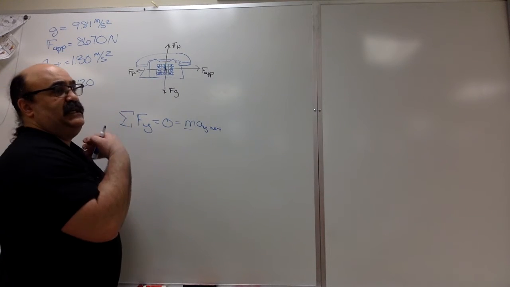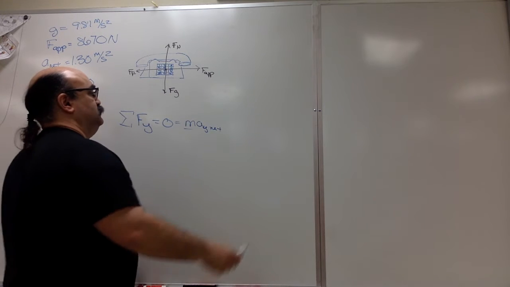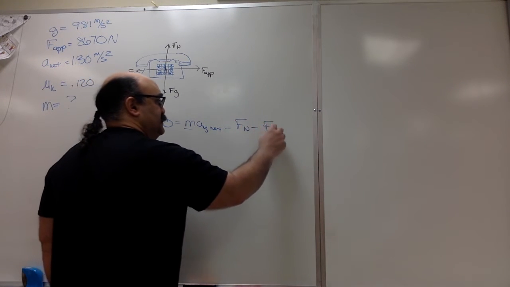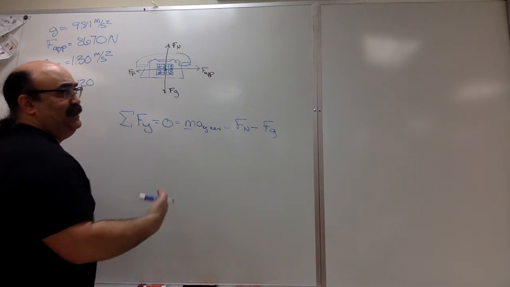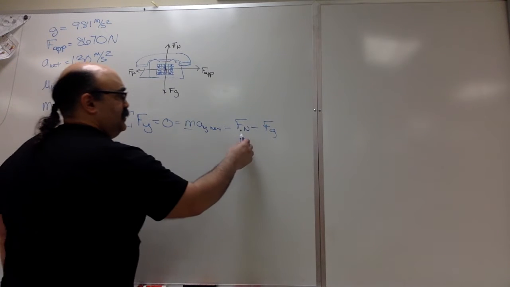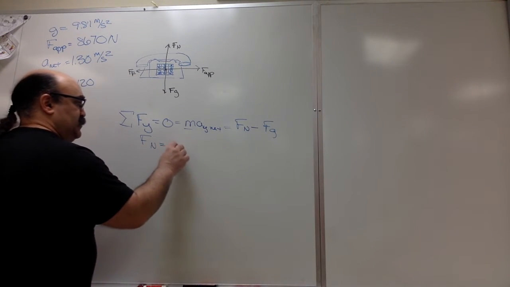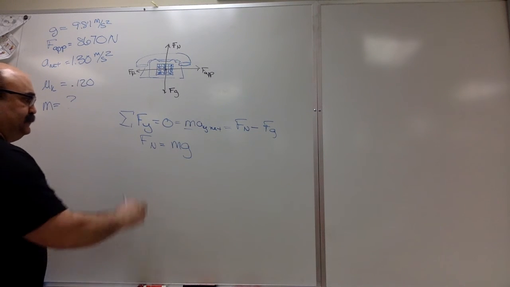It means it is either not moving or it's moving with a constant velocity. This is equal to the normal force minus the force due to gravity. Because there are no weird angles involved or forces acting in the normal force direction, the normal force is simply equal to the force due to gravity. Normal force is equal to mg in this case.